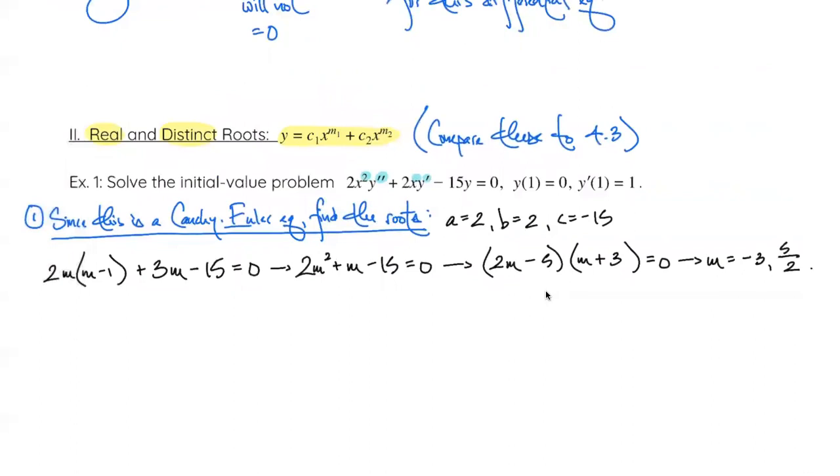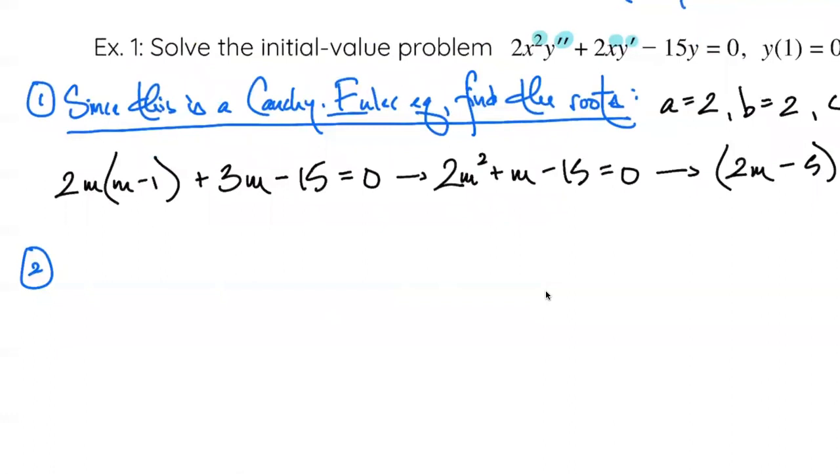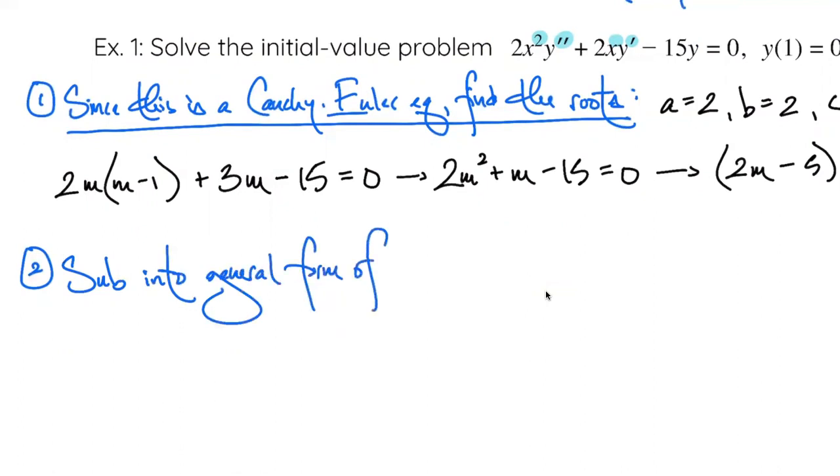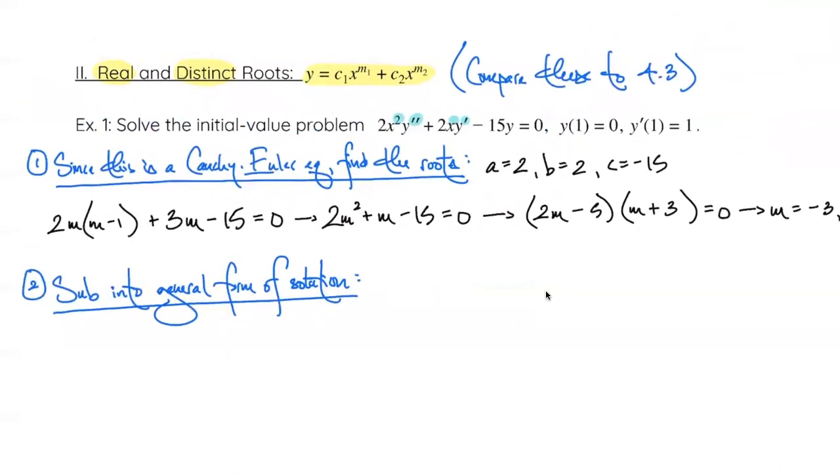Since this is the Cauchy-Euler equation, we found the roots, and what we're going to do is plug them into the general form of the solution. We write y equals c1 x to the m1 plus c2 x to the m2.